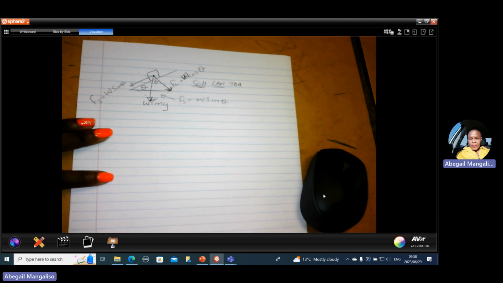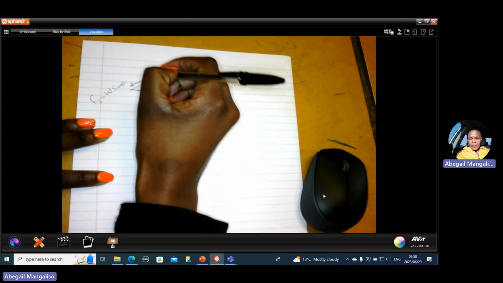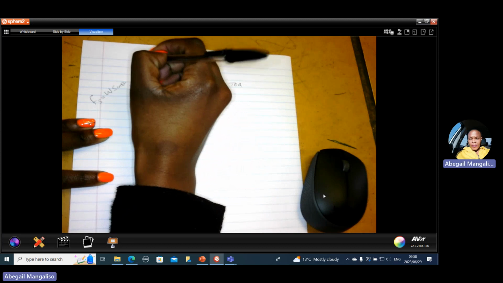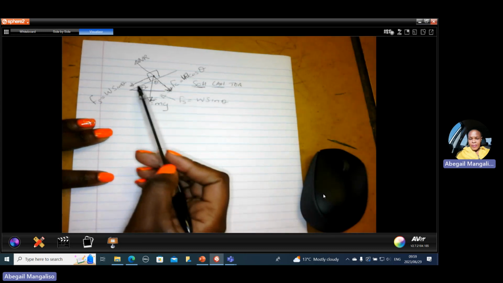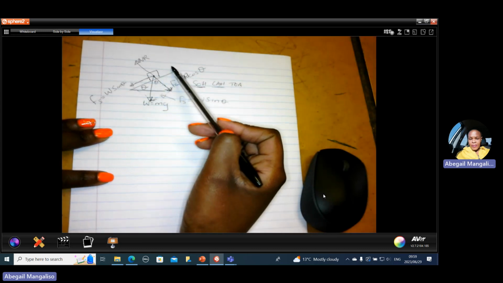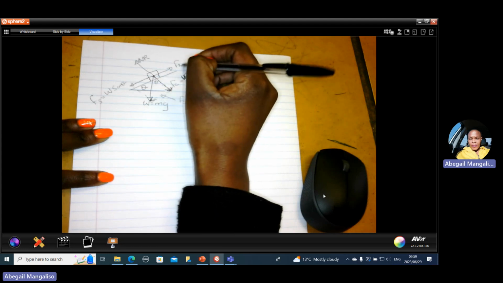Now the normal force is equal and opposite to this component. So you extend this component this way, and this will be the normal reaction force. Now, if there is no external force acting, to keep this in balance, a friction has to oppose this way. So friction will be acting in the opposite direction.